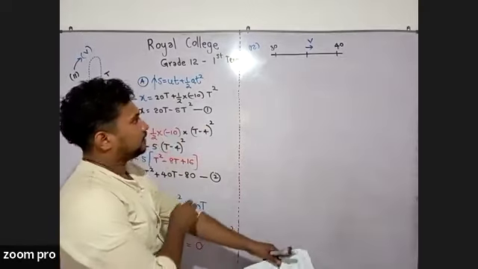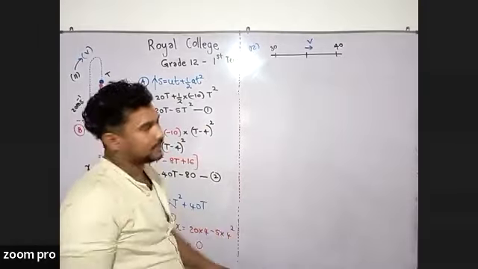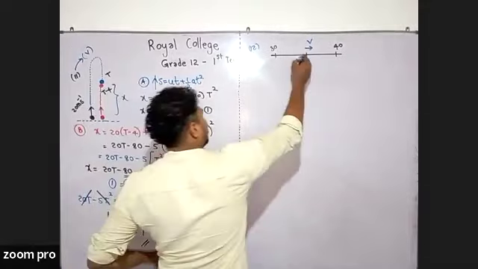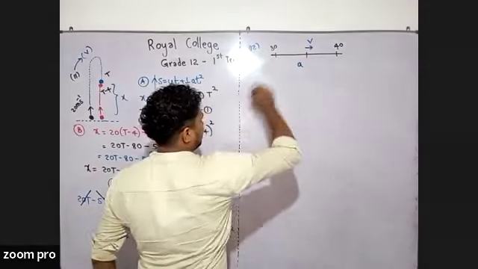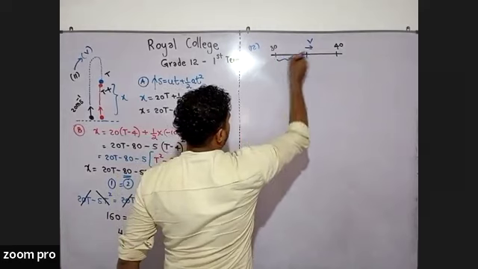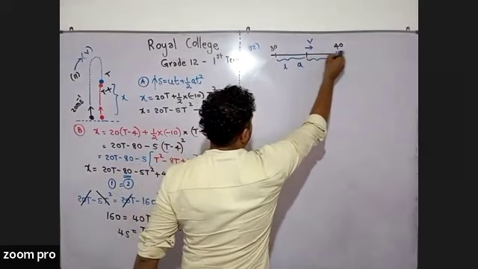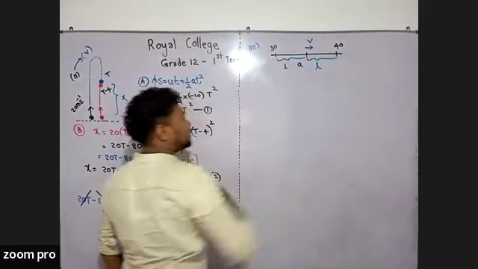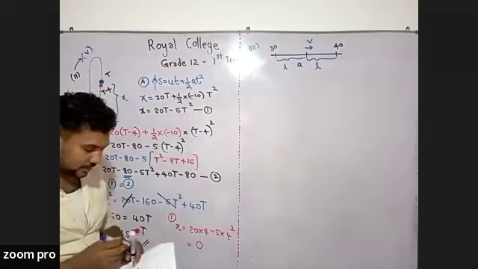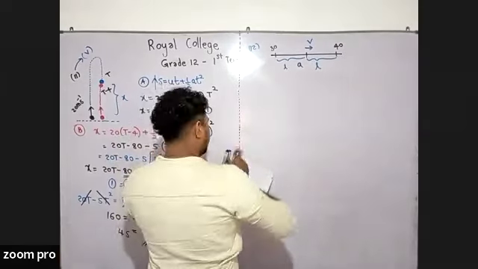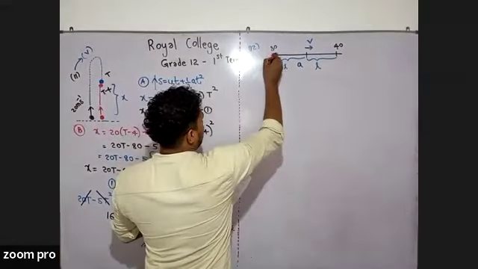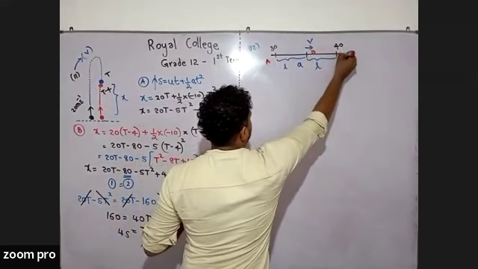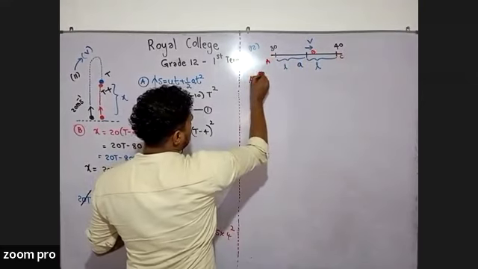Now you should have an idea that the acceleration should be constant, right? And the distance, let's call it L, and the other part is also the same distance, right? So if I name these points A, B, and C, let's apply the equation.